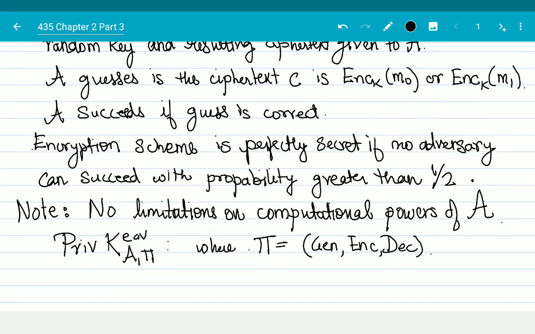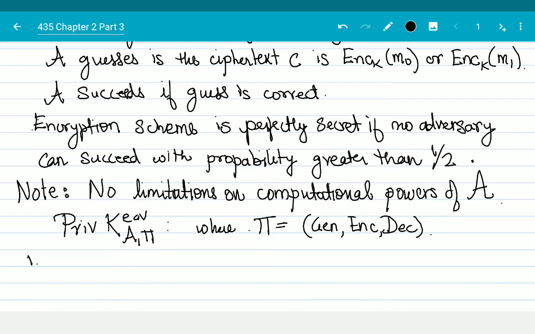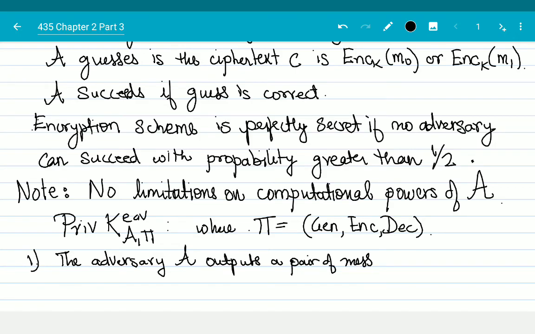Okay. And the steps which I have described above are more systematically given as this: first, the adversary A outputs a pair of messages M0, M1 belonging to M.